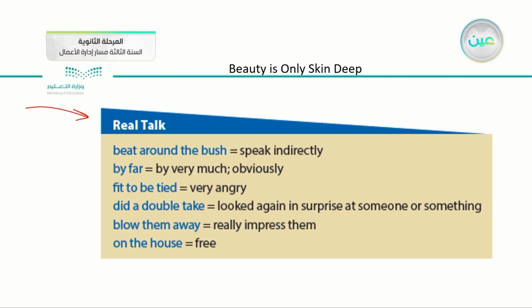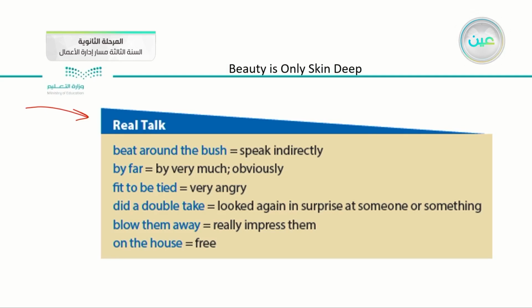Did a double take means looked again in surprise at someone or something. Blow them away means that you impress people, make them amazed by the way you look or the way you talk about something. It means impress the people and grab their attention.